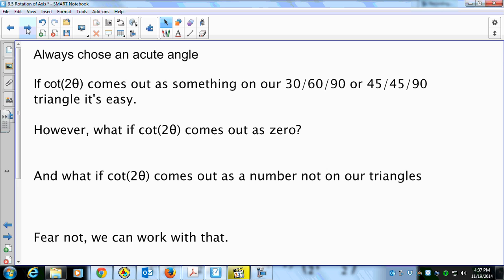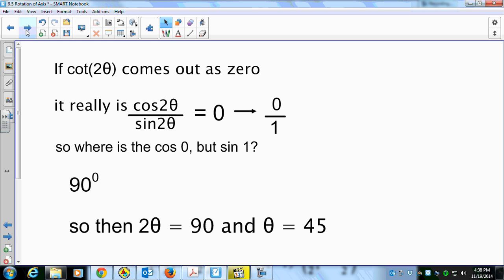But realize, what if cotangent of 2 theta comes out as 0? We'll talk about how to do that, and we also have to talk about what if cotangent of 2 theta comes out as a number not on our triangle, and how we deal with that. So if cotangent of 2 theta comes out as 0, remember cotangent is cosine over sine, so it's 0 over 1.